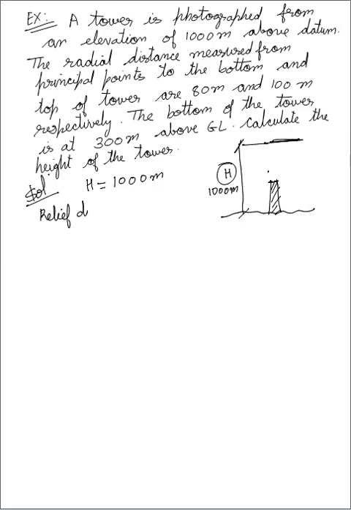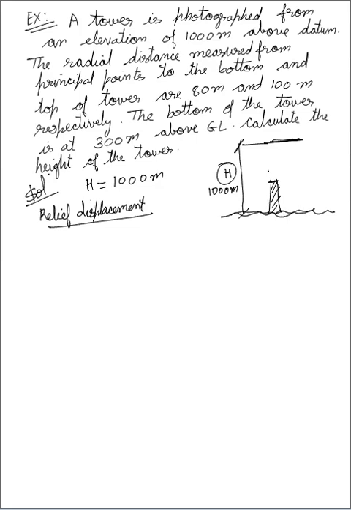Relief displacement, see what happens, this concept is applicable when the ground is not uniform. Somewhere it is rising, somewhere it is falling. So as the ground is not horizontal, the scale will change from point to point.